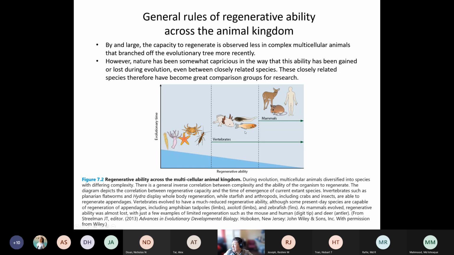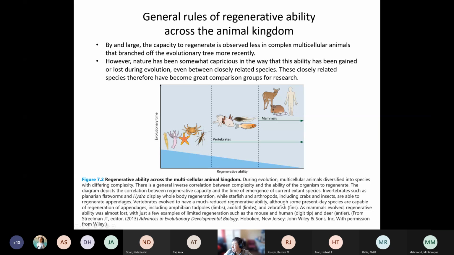And then the zebrafish can regenerate the fin. And tadpoles or other frogs, they can regenerate their limbs as well. So as you can see, some of the extremely lower species like flatworm can regenerate completely, while some lower invertebrates can regenerate a structure such as the limb.